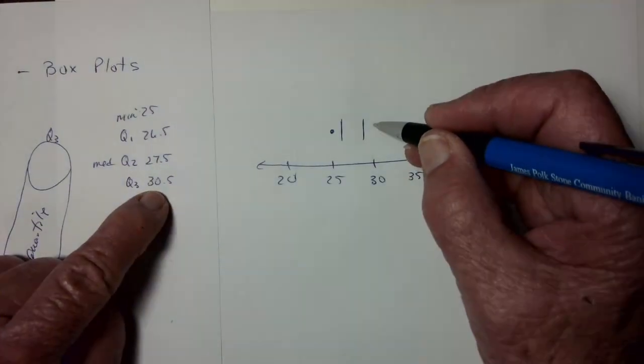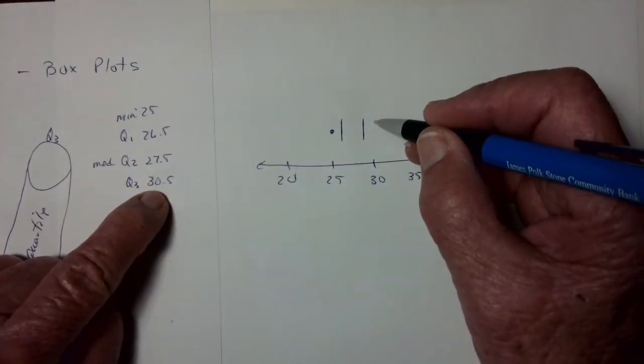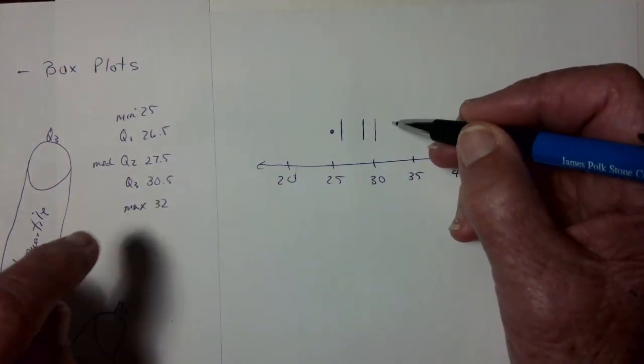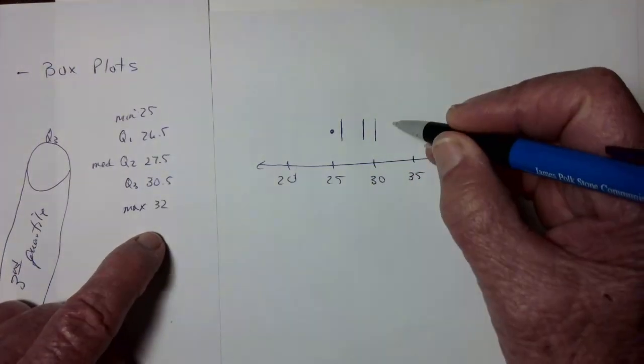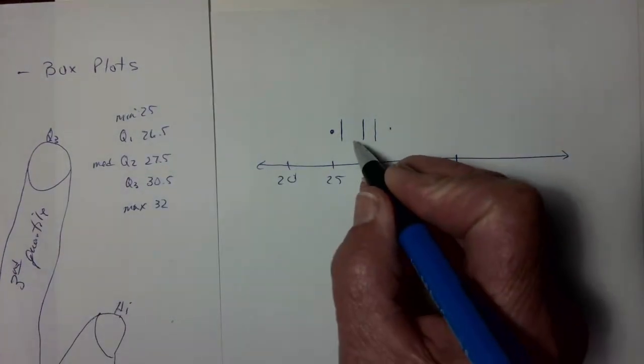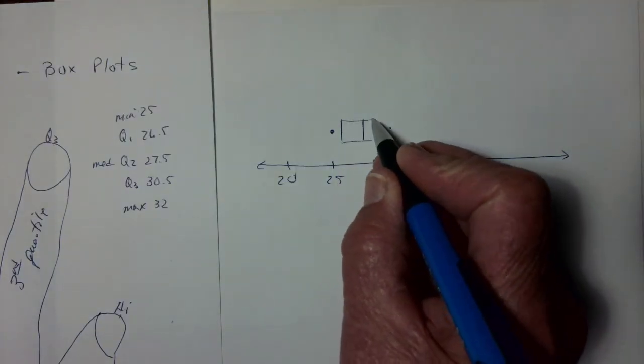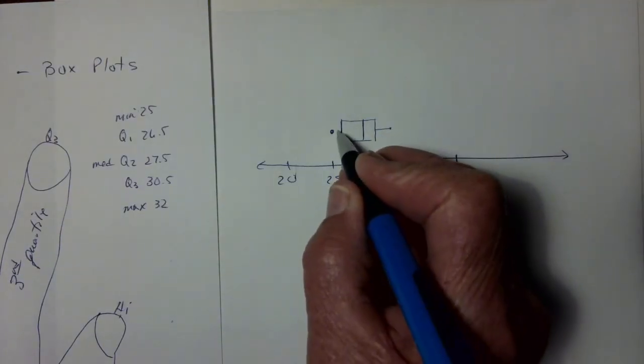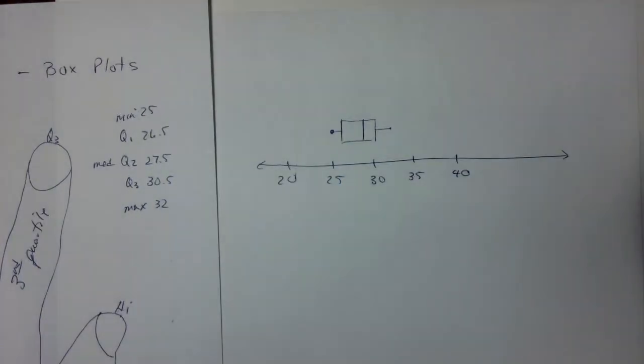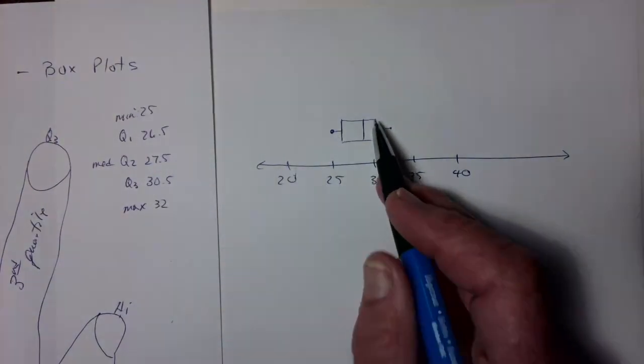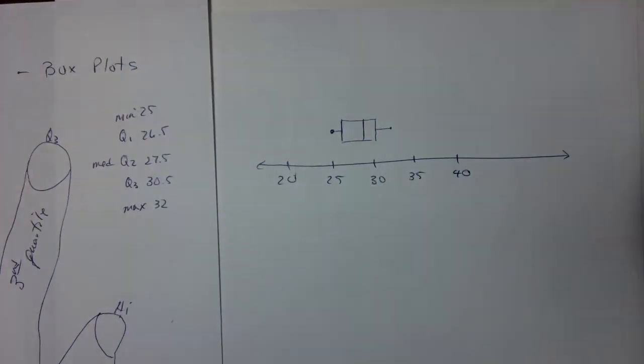At 30 and a half, it's just barely past 30. And at 32 is a dot. I close up the box and I attach the lines. I was raised to call these box and whisker. Here was the box and here was the whiskers.